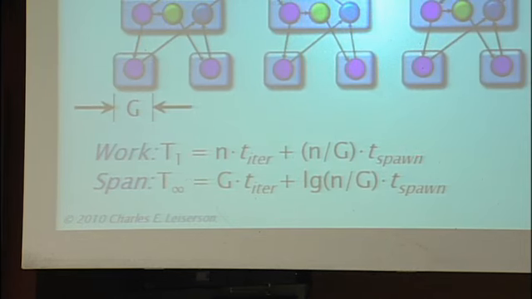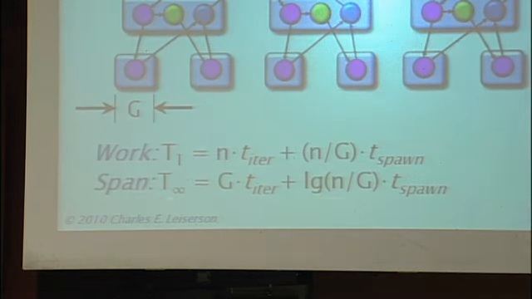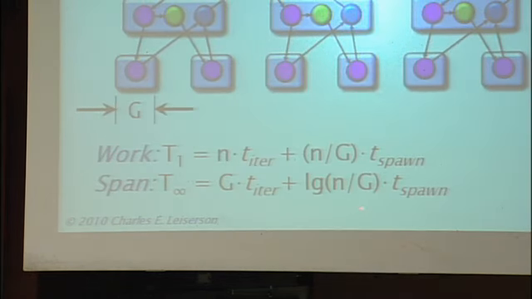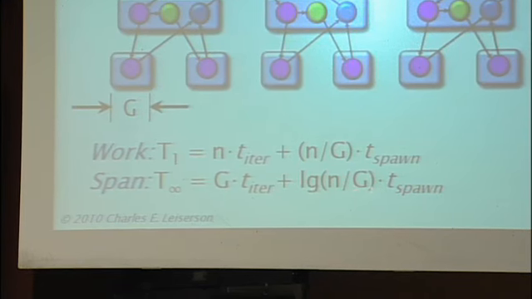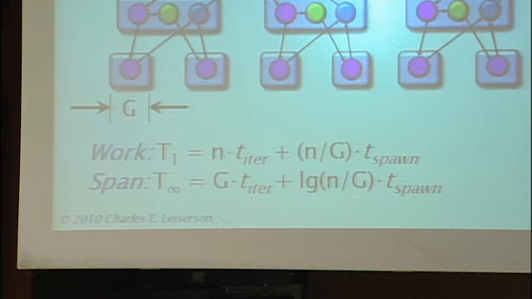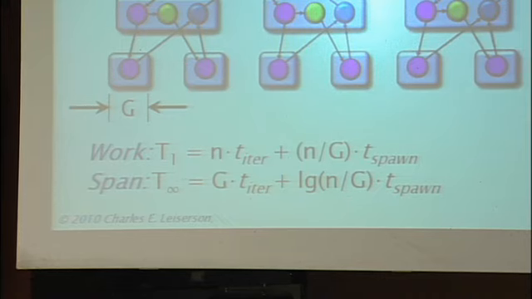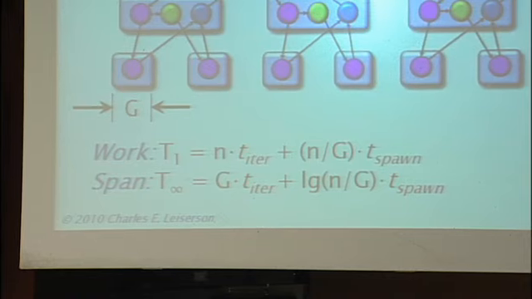But we also want a lot of parallelism, so I want this term to be small, which means I need to make g what? Well, we have an n over g here, but it's in a log. It's minus log. So really, to get this small, I want g to be small. So I have a tension, a trade-off.